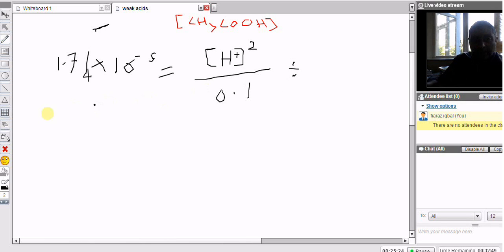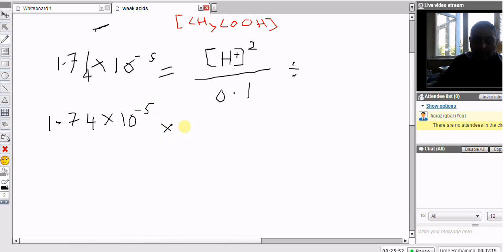For those people who have been taught differently, you're actually multiplying the whole equation by 0.1. If what I'm saying is not making sense, ignore it. So what you do is over here you times by 0.1.